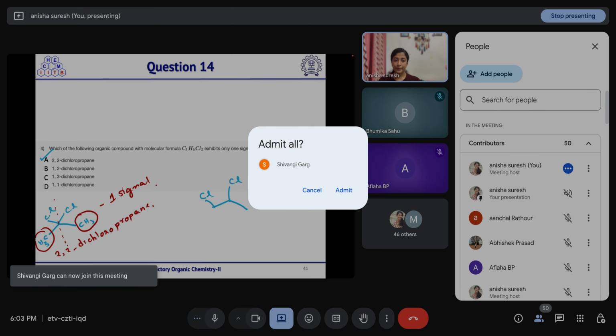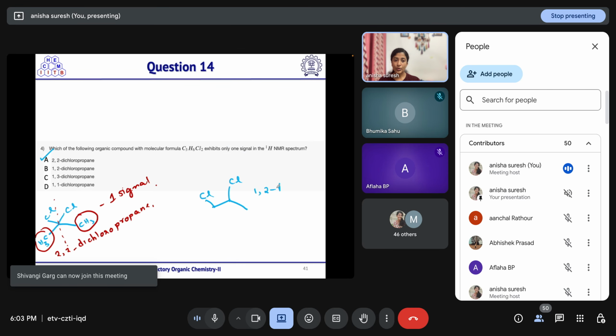So this is 1,2-dichloropropane. So here the CH2 will be there, this CH will be there, and this CH3 will be there.